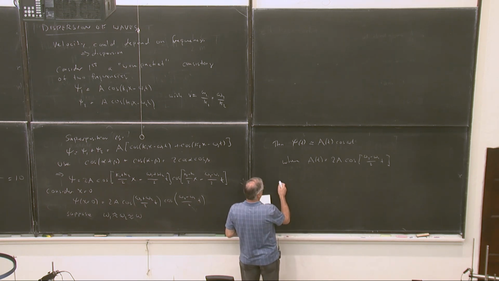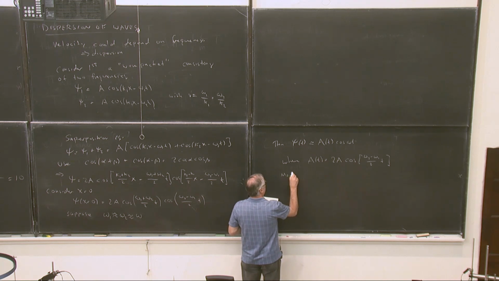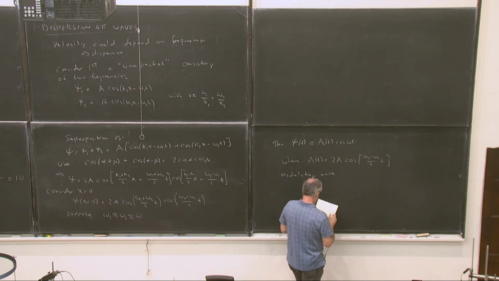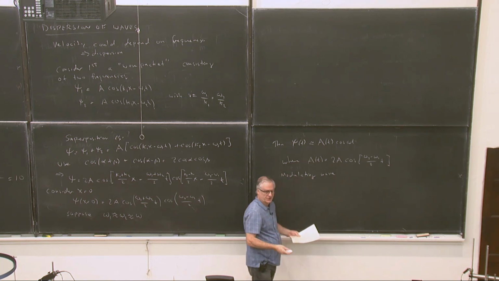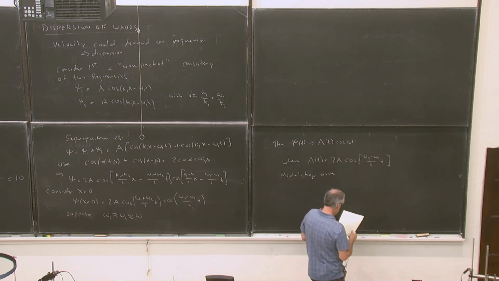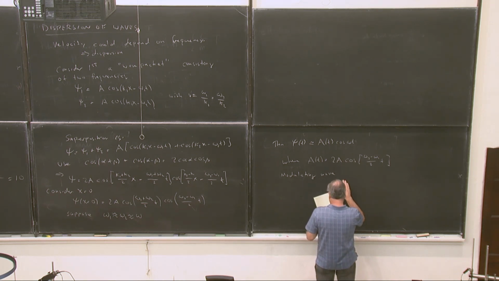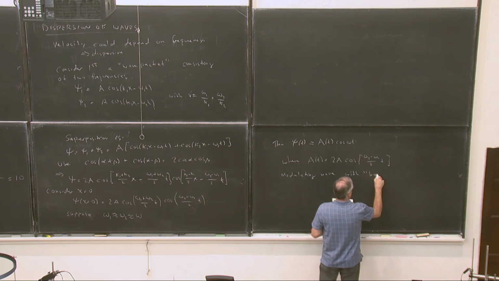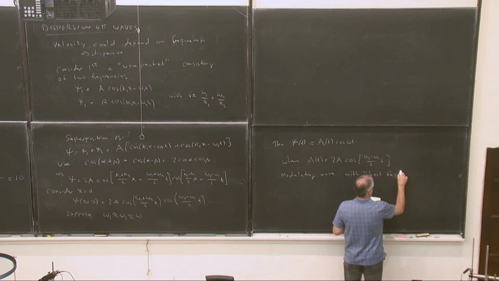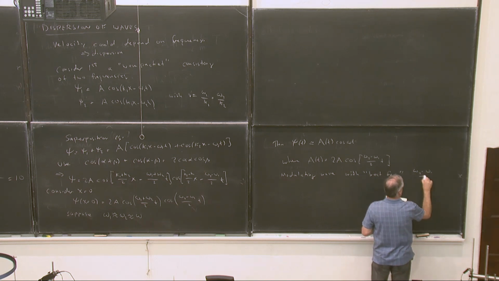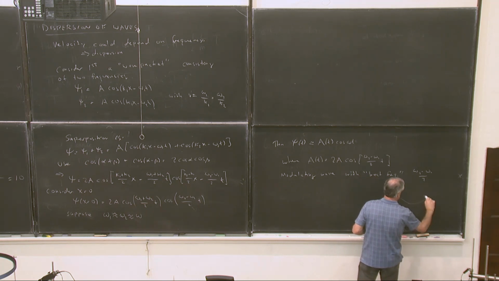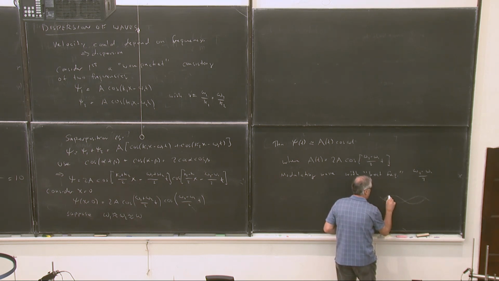So we're effectively modulating our wave, our wave of frequency omega, which we could think of as a carrier wave, if you're thinking of radios, with the modulation of the beat frequency, in this case (omega 2 minus omega 1)/2. And so what's going on is we have our beat frequency here that's modulating a high frequency wave.